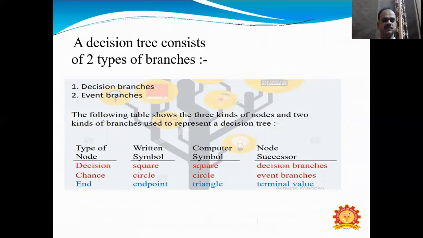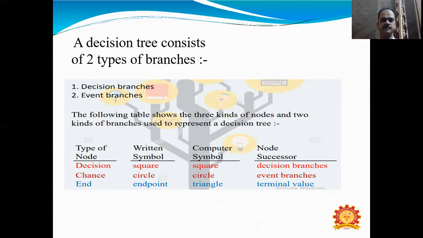Look at the first column. Here we are given four different attributes: type of node, written symbol, computer symbol, and node successor. The type of node consists of decision, chance, and end.